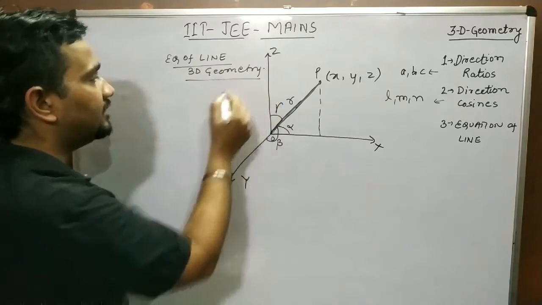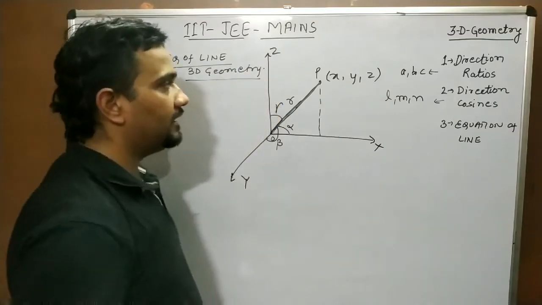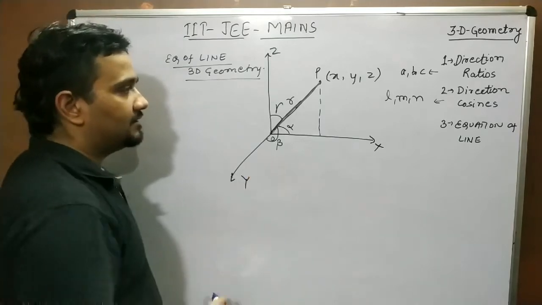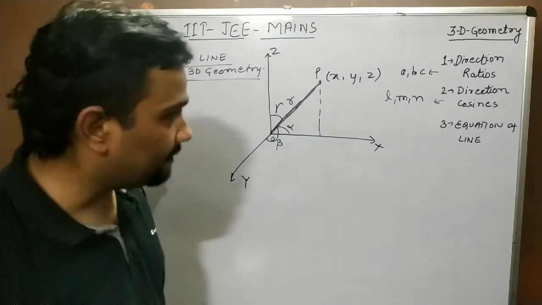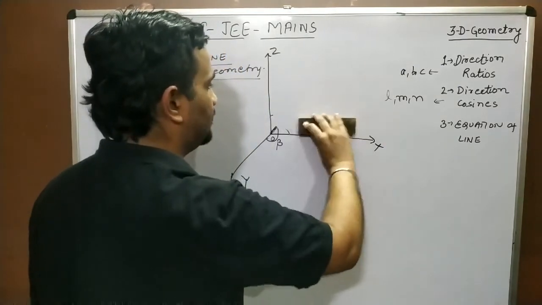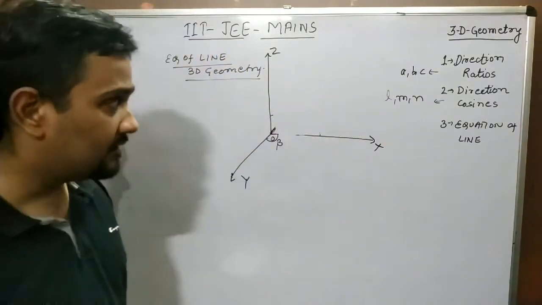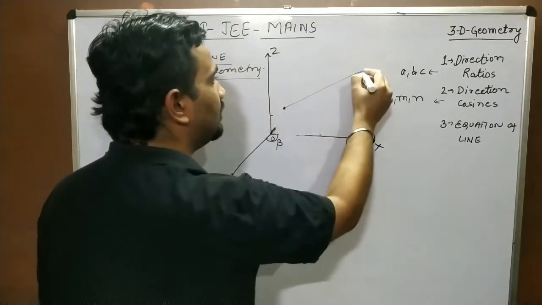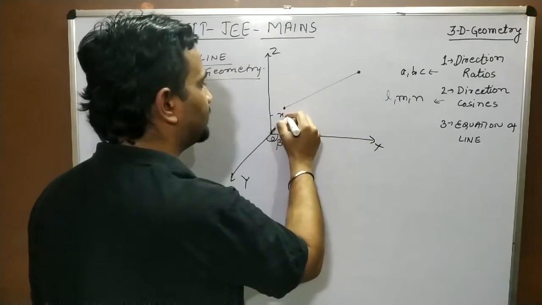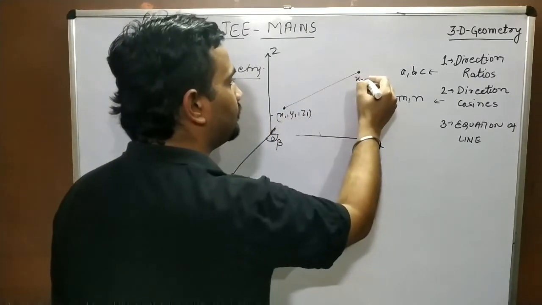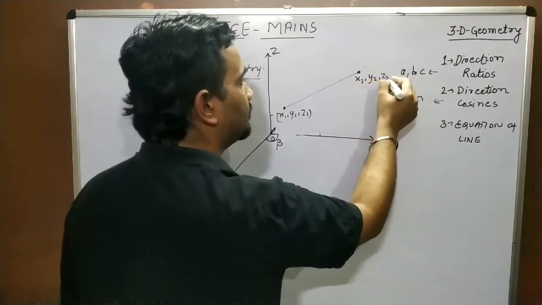How is it represented? Suppose we take a line which is passing through 2 points, that is x1, y1, z1, and x2, y2, z2.